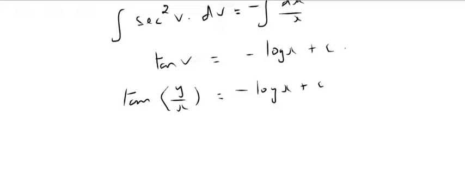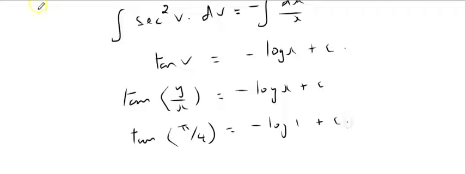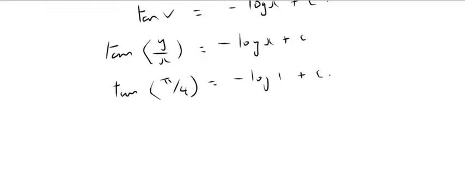Now to obtain the value of c, we substitute x = 1 and y = π/4. That gives tan(π/4) = -log 1 + c. But we know log 1 is 0 and tan(π/4) is 1. So this implies c = 1.